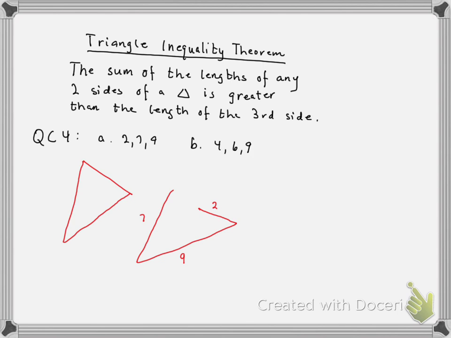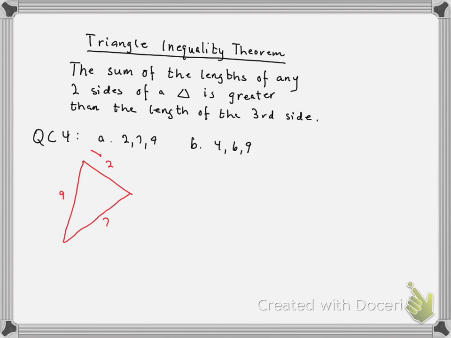Okay, so we're going to study that theorem and label, obviously not to scale, we'll put the 2 there, the 9 here, and the 7 here. The sum of the lengths of any two sides of a triangle is greater than the length of the third side.